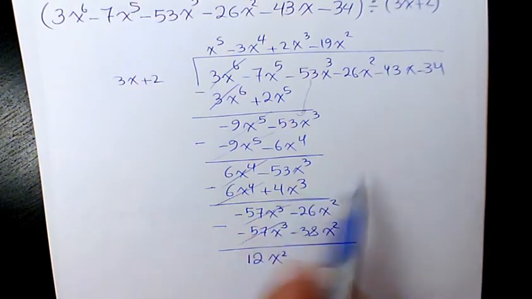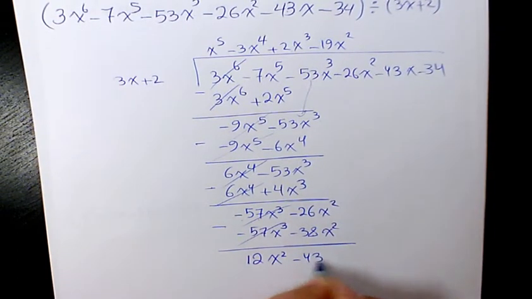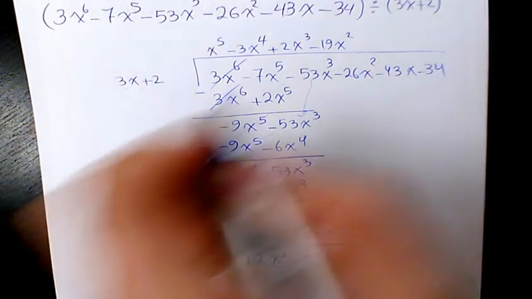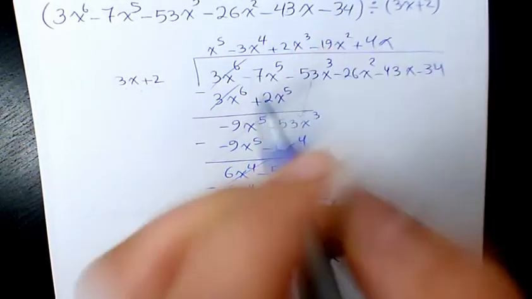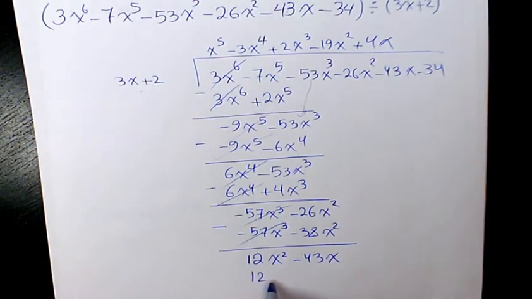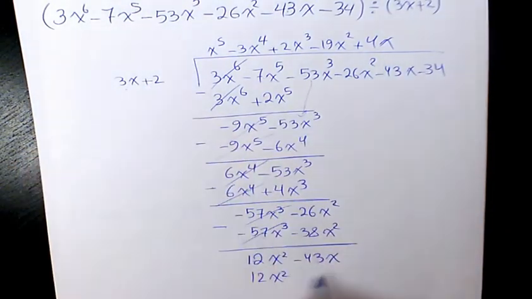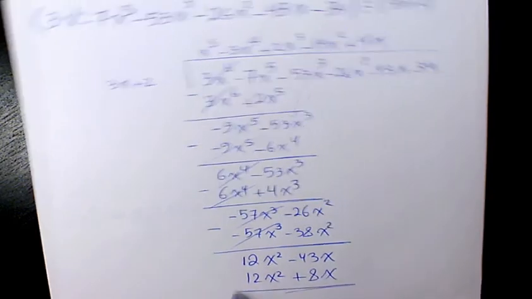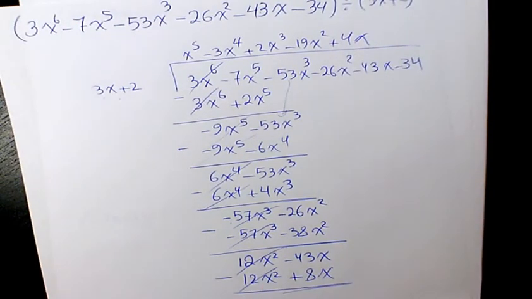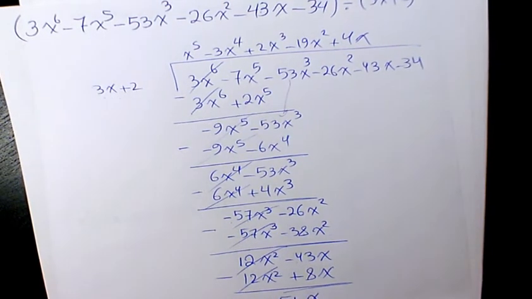Then you bring the next number down, negative 43x. 12x squared divided by 3x will be 4x. So 4x times 3x, 12x squared. 4x times 2, 8x. When you subtract it, these two cancel out. Negative 43 minus 8 will be negative 51x.